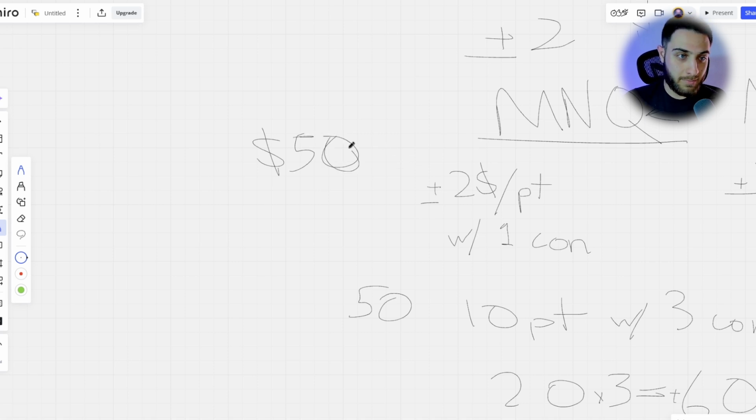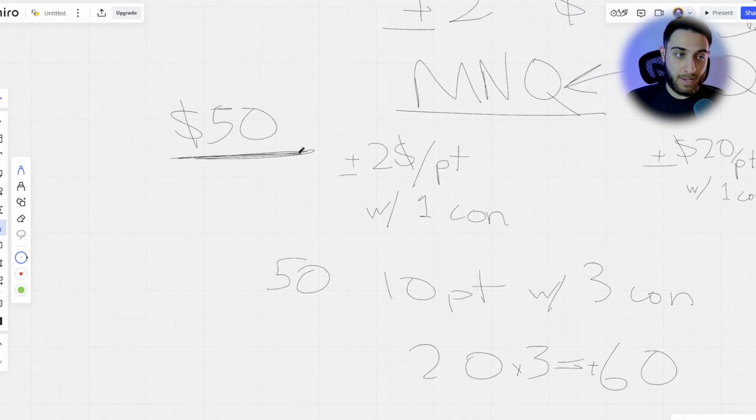Okay, this is the minimum margin you need to be able to trade futures, right? Just imagine margin, not like stocks or options, but as a deposit you give to your broker for you to be able to trade with one contract of the micro NQ, the MNQ.